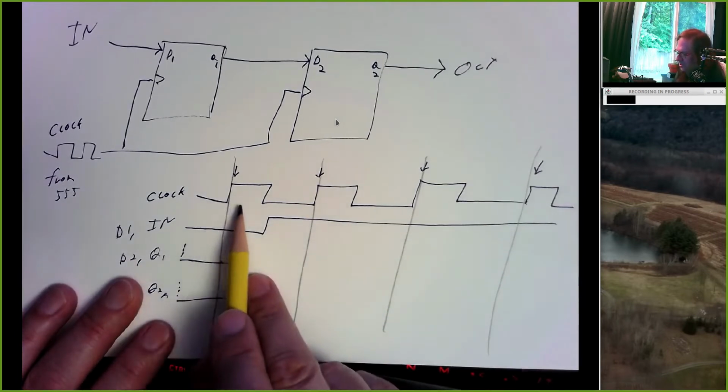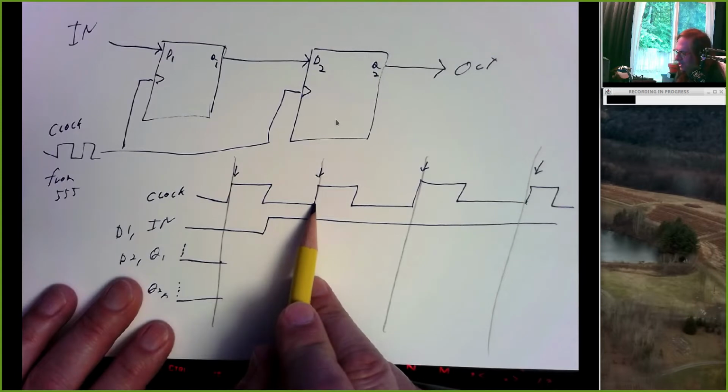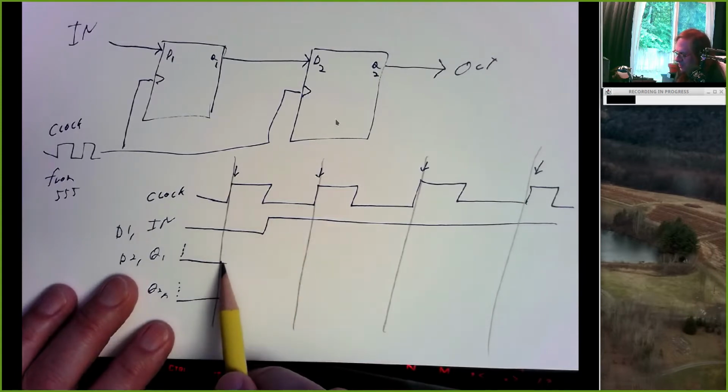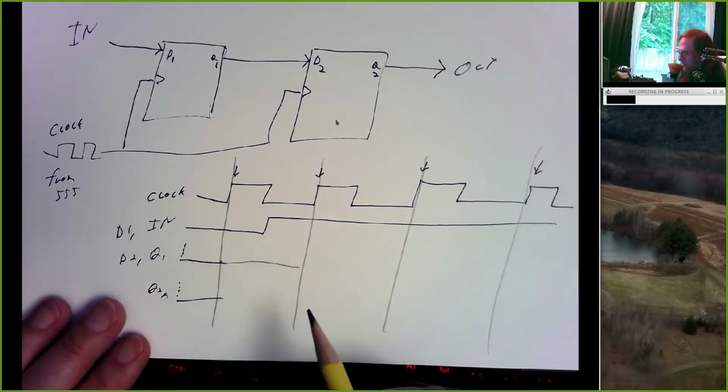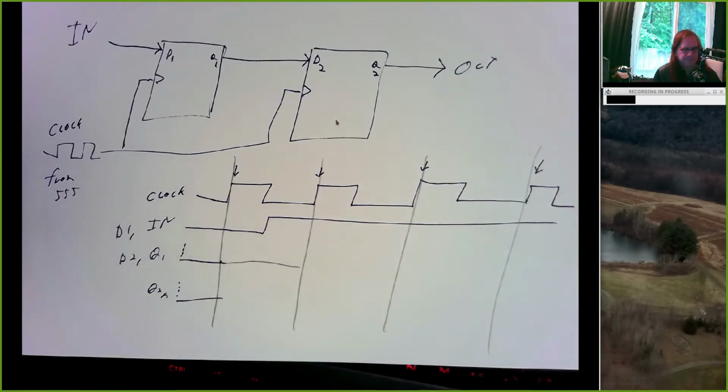So time continues, the clock drops. At this point, the clock is going to rise. So what is Q1 going to do at this moment in time? Is it going to change or not? I think it will change to match D1.